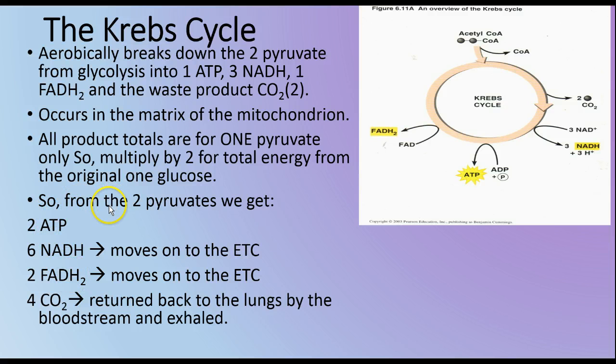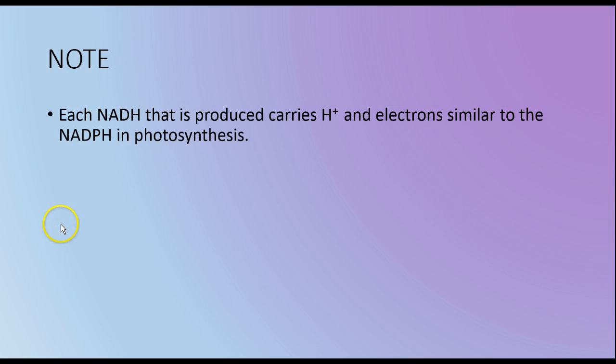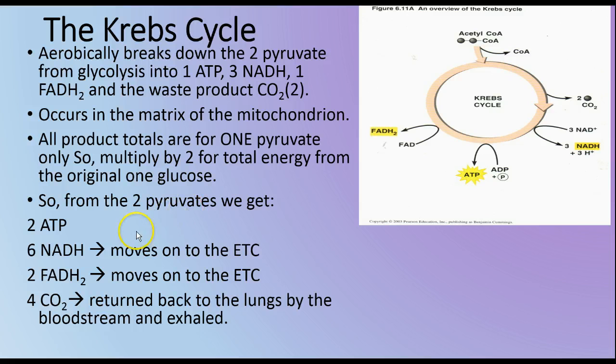So, I misspoke, let me go back to that. For both pyruvates, which come from 1 glucose, we get 2 ATP, 6 NADH, 2 FADH2, and 4 CO2.